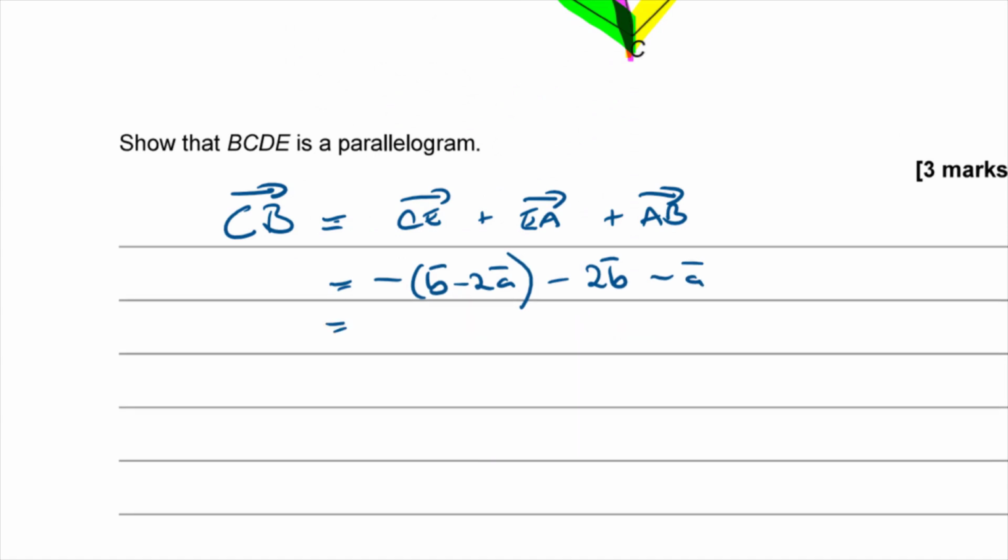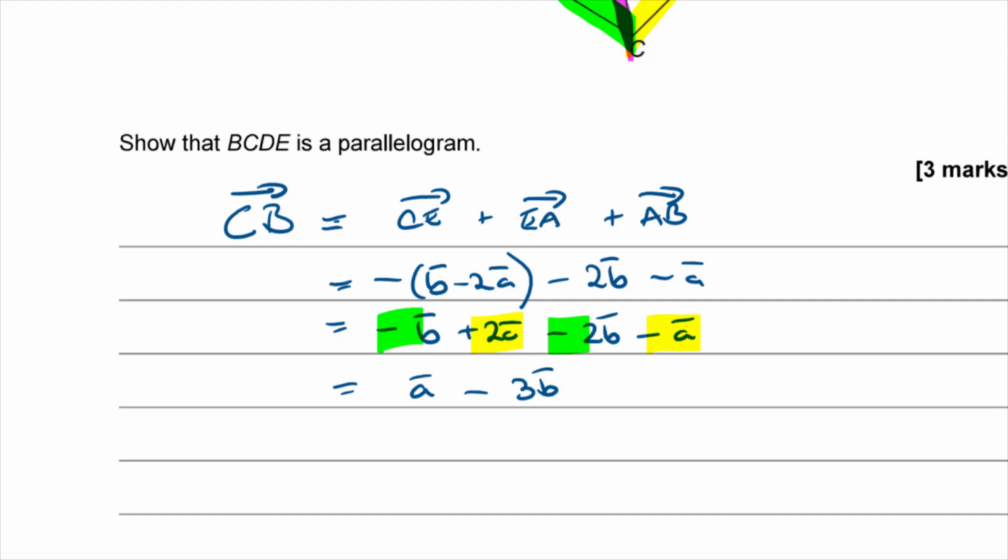Let's just deal with that bracket. Minus B, minus minus is plus, so that's plus 2A minus 2B minus A. So right, we can start collecting like terms together then. So what have I got? I've got positive 2A and a minus A, so that's going to give me A, and I've got a minus B and a minus 2B, which gives me minus 3B.